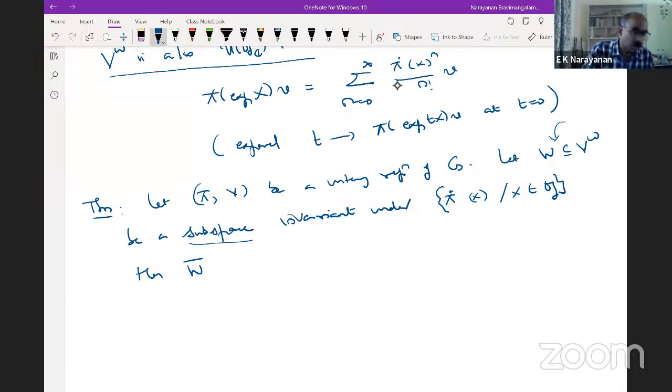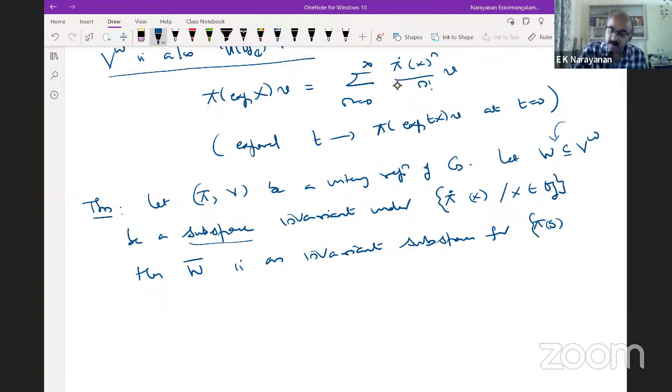Then the closure of W is an invariant subspace for the G action. Okay, so for pi of g, g in G, right? So this is easy. So this is a one-line proof.